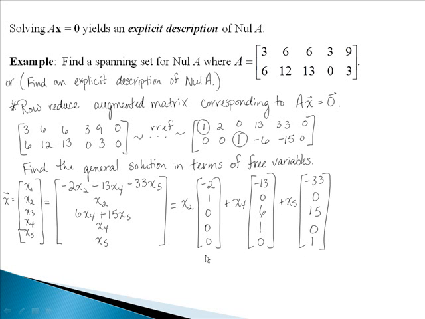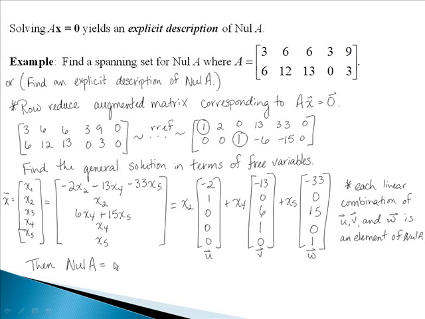If I call this vector u, this one v, and this one w, remember that this is the set of solutions to the homogeneous equation, and so this was a linear combination of these three vectors. So each linear combination of these three vectors, u, v, and w, is an element of the null space of A. So then we can say that the null space of A is equal to the span of the three vectors u, v, and w.